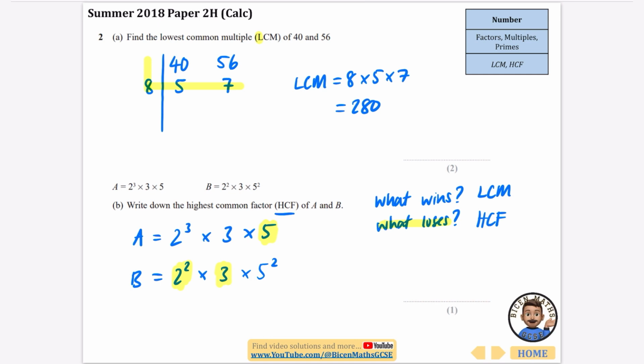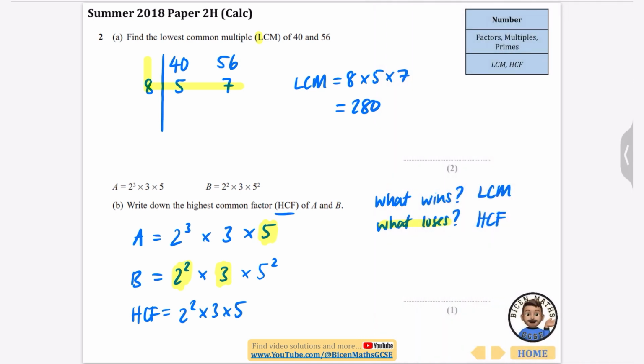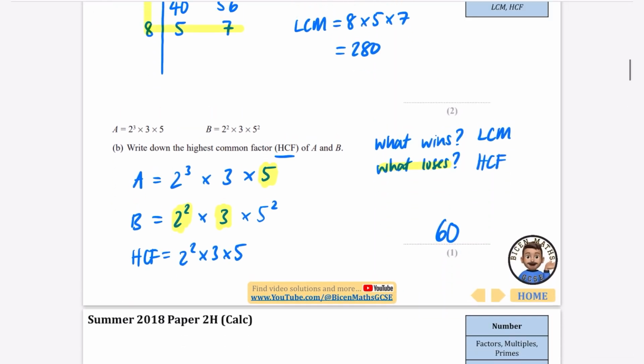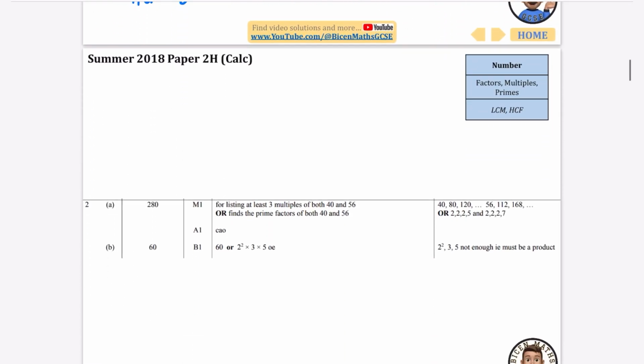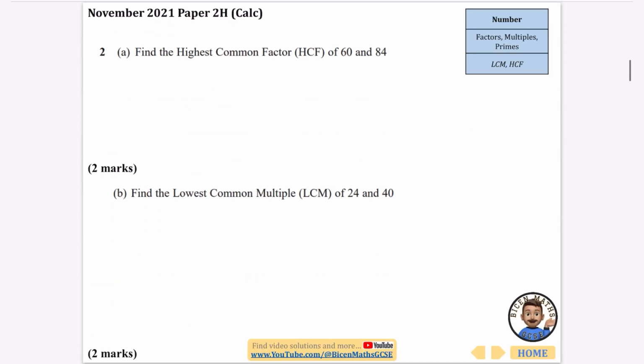It's the lowest, so we would pick those, which means that the highest common factor of these things that we have is 2 squared times 3 times 5. And I'm just going to be lazy and put that straight on the calculator. 2 squared times 3 times 5, and we get that the highest common factor is 60. Now there's loads of ways of doing these, but this is just how I see it. 280 and 60, perfect.